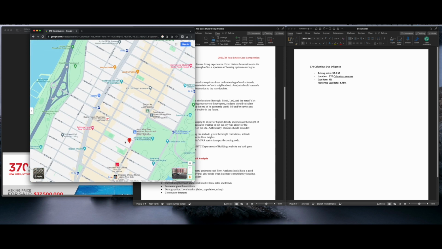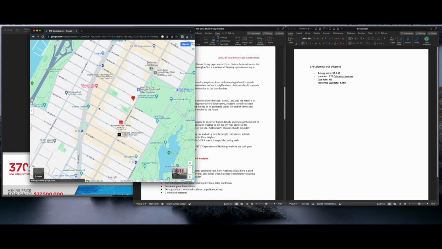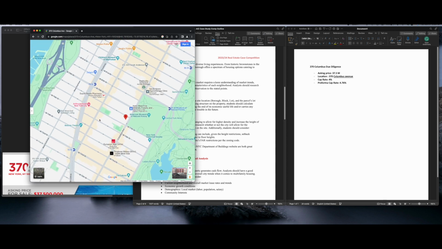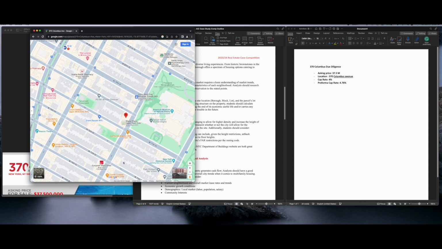Close to transportation. Just make notes of this. You see here, I have a Google Doc or a Microsoft Word document open. Make notes of these things, like this is an upscale neighborhood.